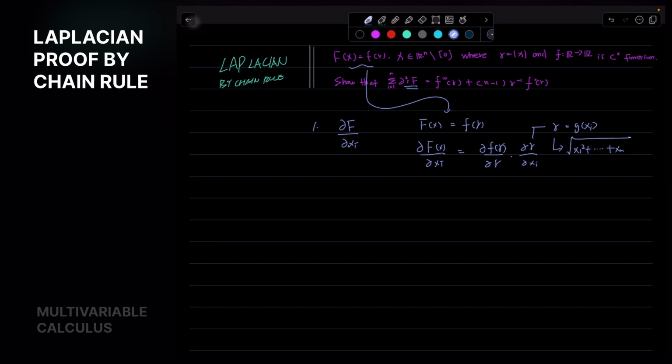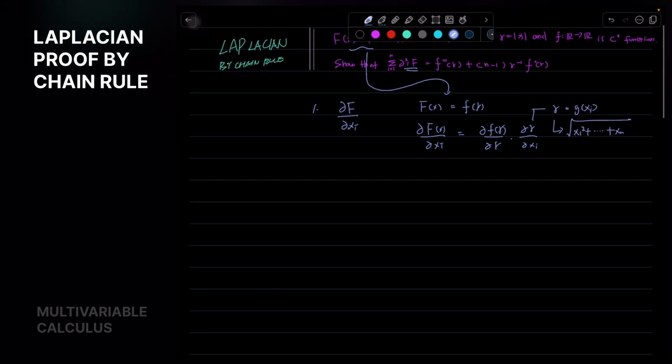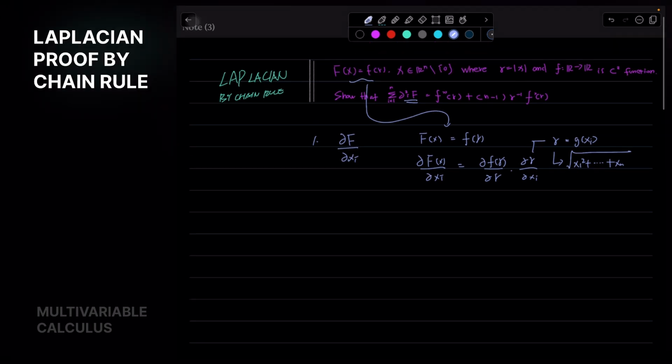this, because this is the Euclidean distance of this vector, and we can see that f is actually an input of n dimensions and maps it to one dimension.